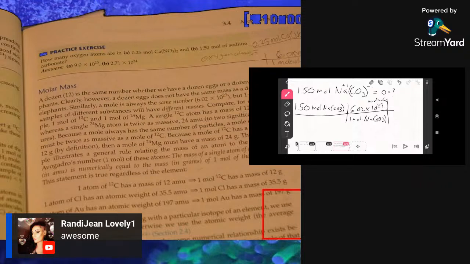And the reason you want to go from molecules instead of atoms, even though you could say atoms, is because this is a molecule. After you break down the molecule, you want to figure out the exact one you want, whether it's oxygen, carbon, or the sodium. It doesn't really matter. Equals molecules.